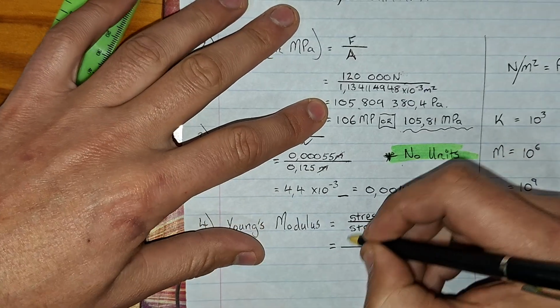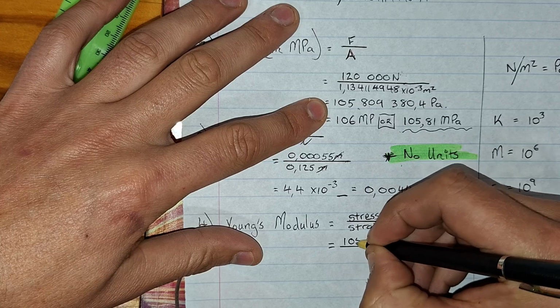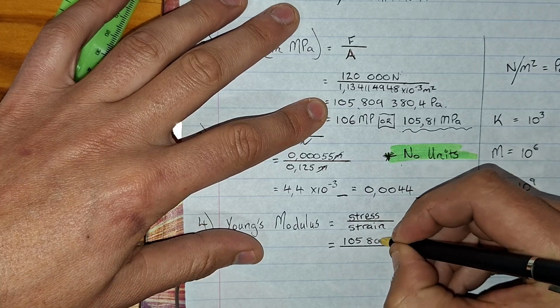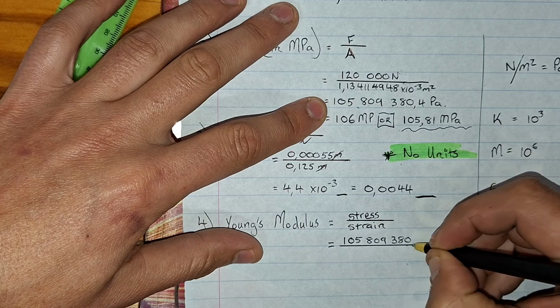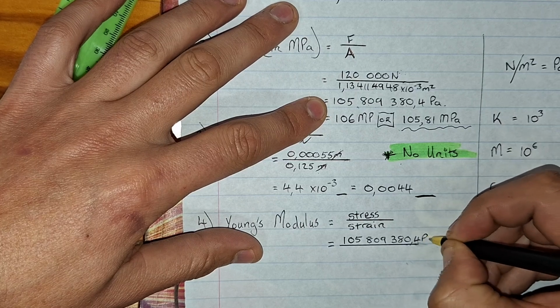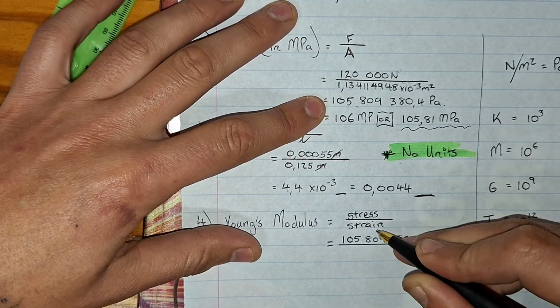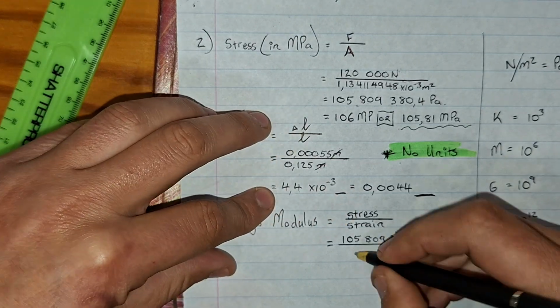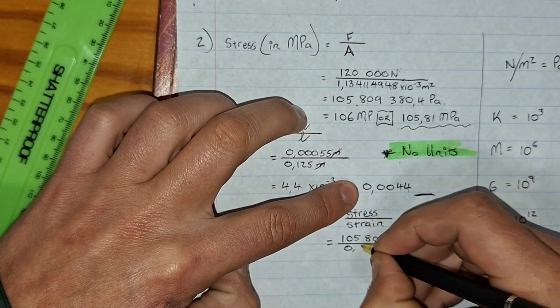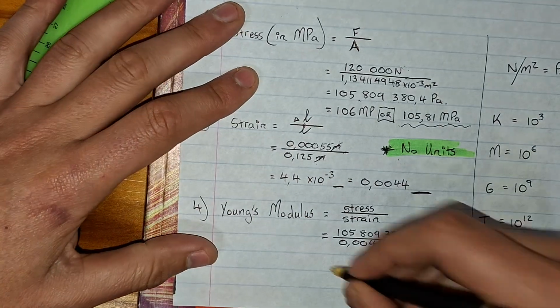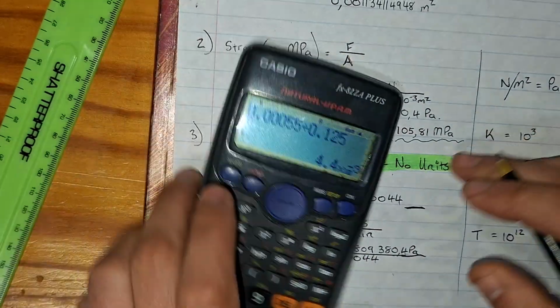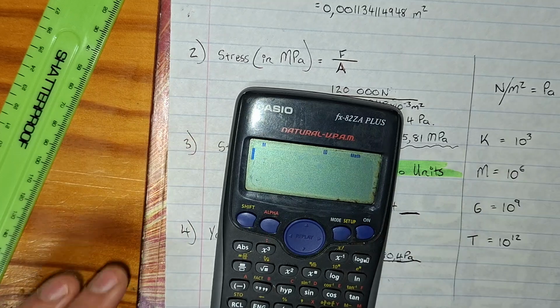So the Pascal value is 105,809,380.4 Pascal, divided by the strain, which is the value with no units, which is 0.0044.